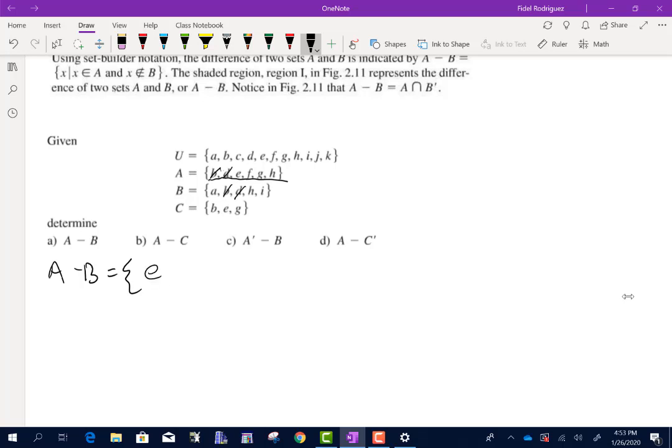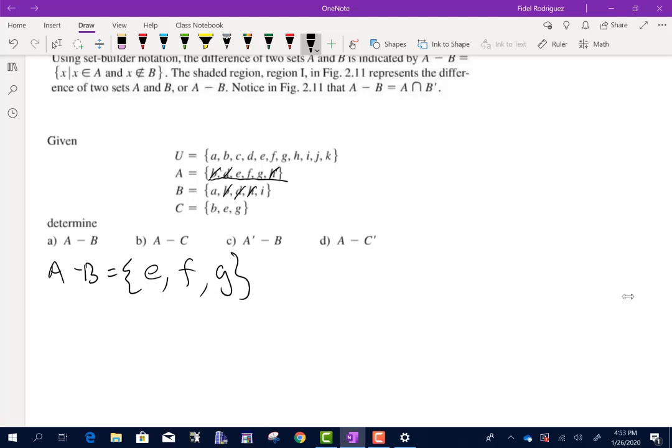I do want E. E is an element of A that's not in B. F, I also want because it's in A, but it's not in B. And G, I also want because it's in A, not in B. I don't want H because it's also in B. So I know I'm looking at both sets, but I'm only going to pick the ones that are in A, but if they're in B, I don't want them. I only want the ones that are only in A.